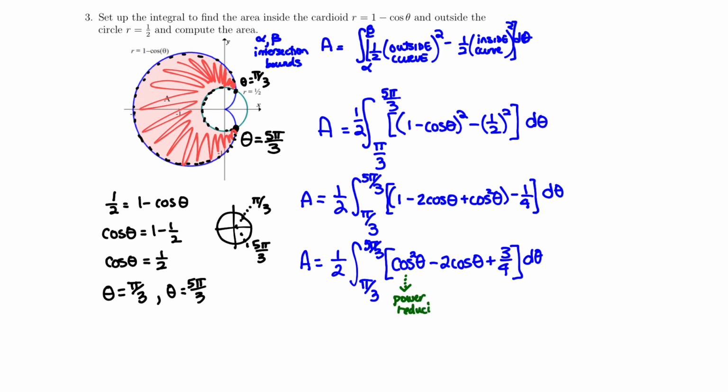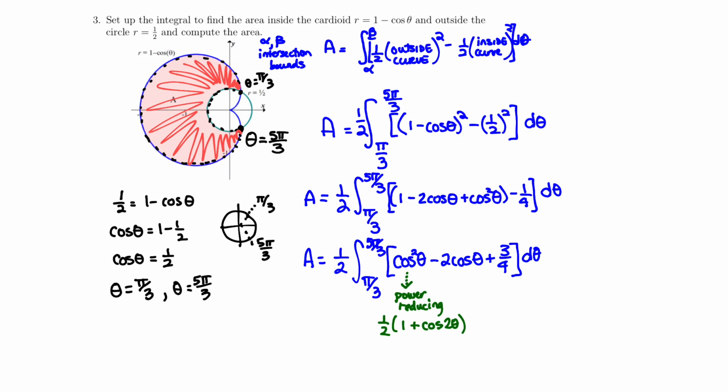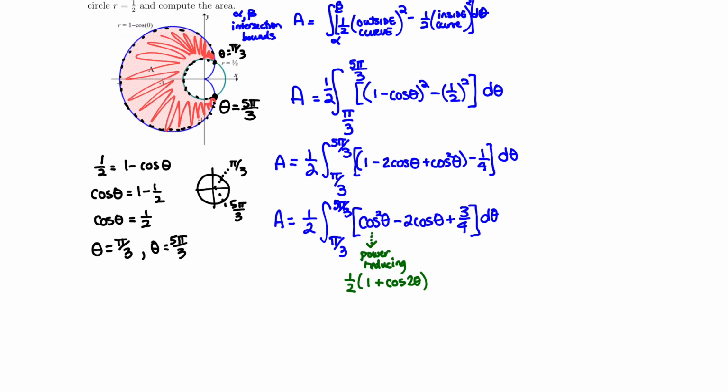Thank you. We absolutely, Andrew and Max, can change cosine squared using power reducing. 1 minus sine squared then. Actually, it's 1 plus cosine 2 theta. 1 plus cosine 2 theta. Yeah. It's been a little bit of time, right? It's been a minute, as people say nowadays.